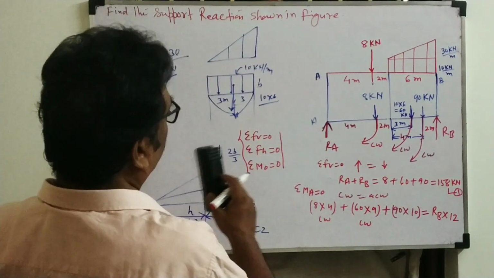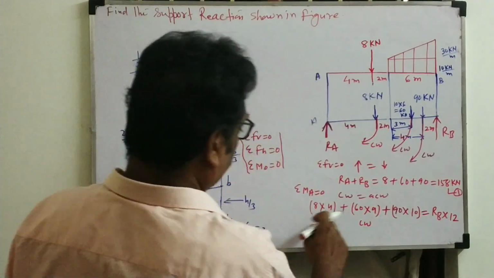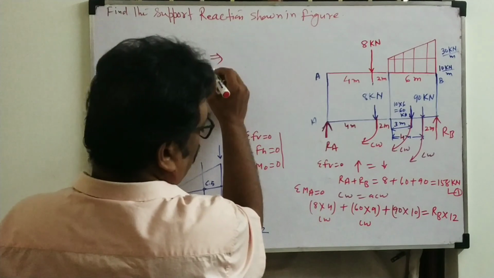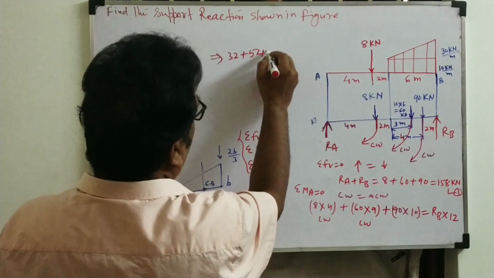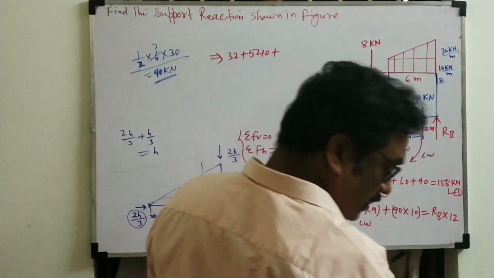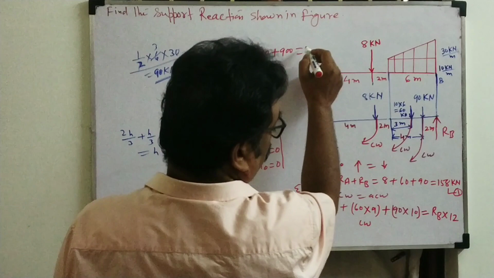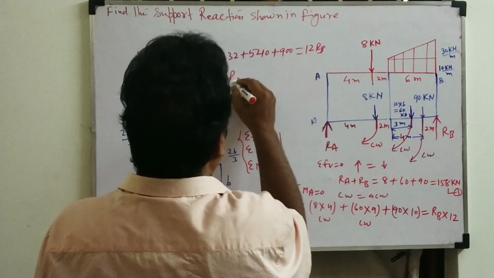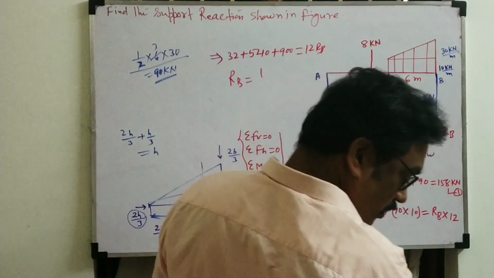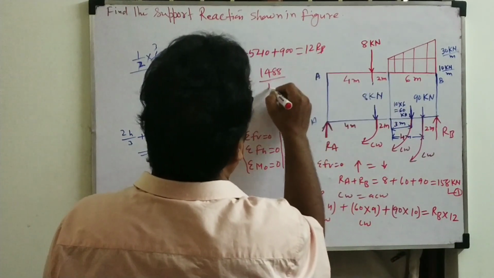So we'll write it somewhere here. This will be 32 plus 540 plus 900 equal to 12 RB. So RB is equal to 1472 divided by 12.